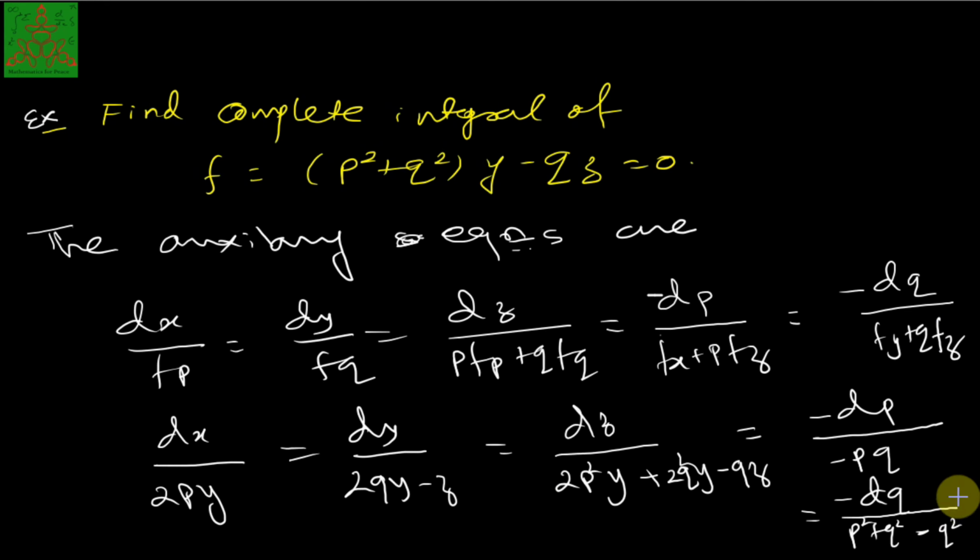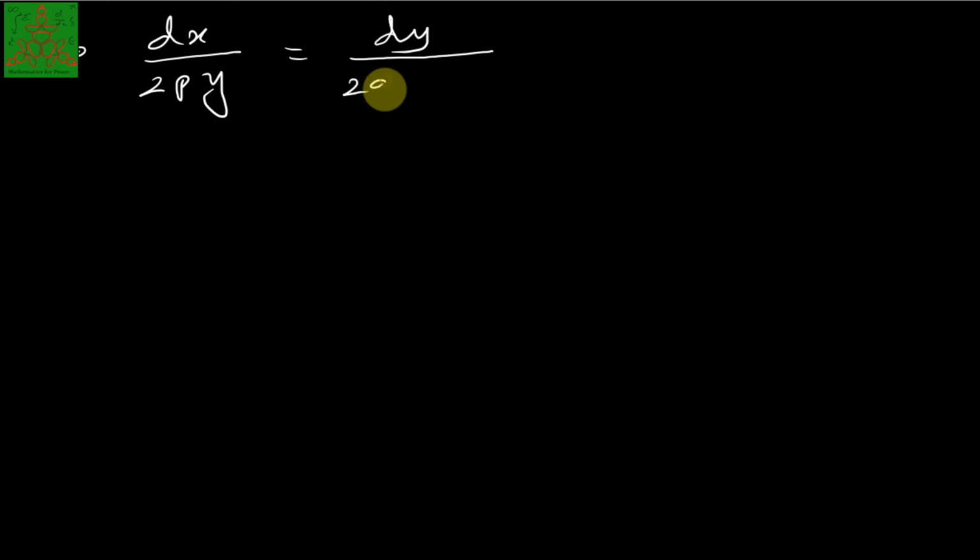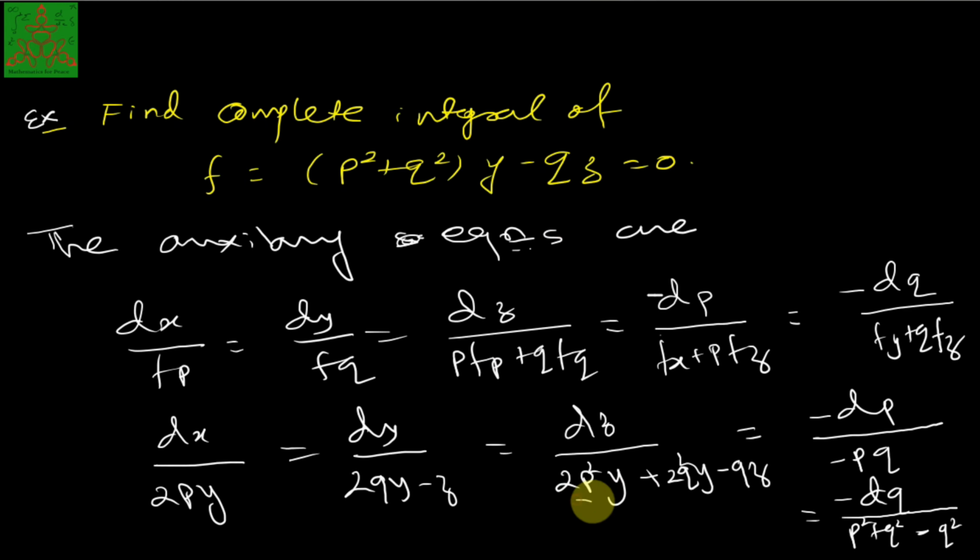And if you simplify this whole quantity, the first two things we write as they are. So we have dx/2py = dy/(2qy − z) = dz/..., just observe that from the first two terms 2y is common, so it will be written as 2y(p² + q²) − qz.